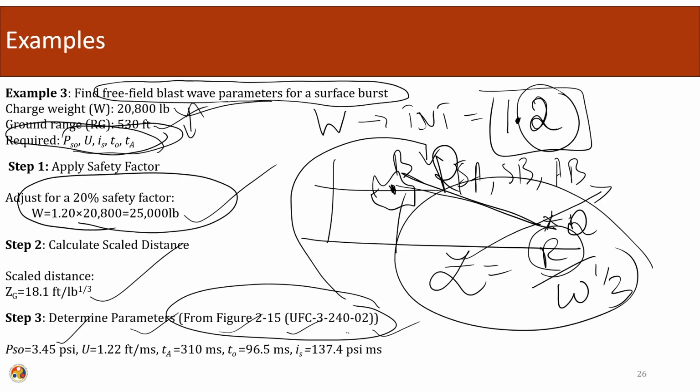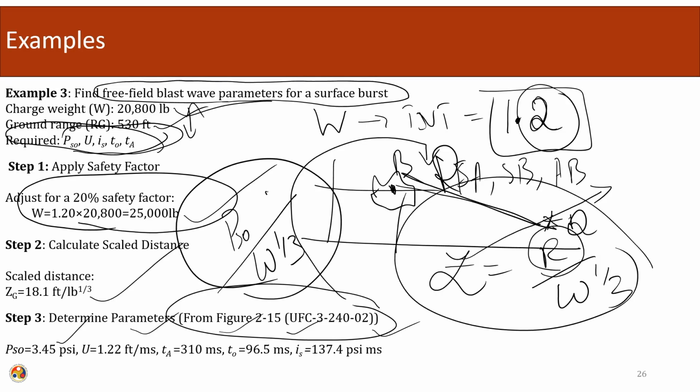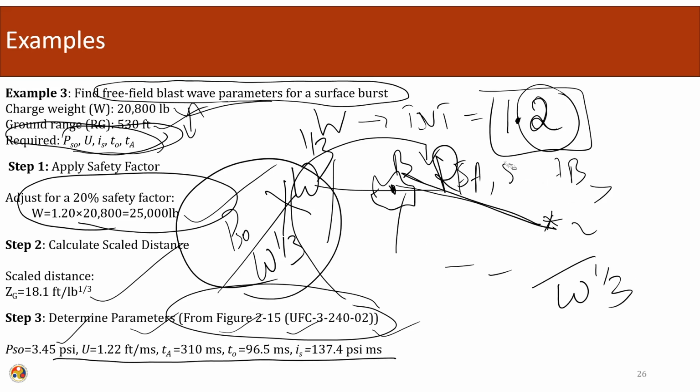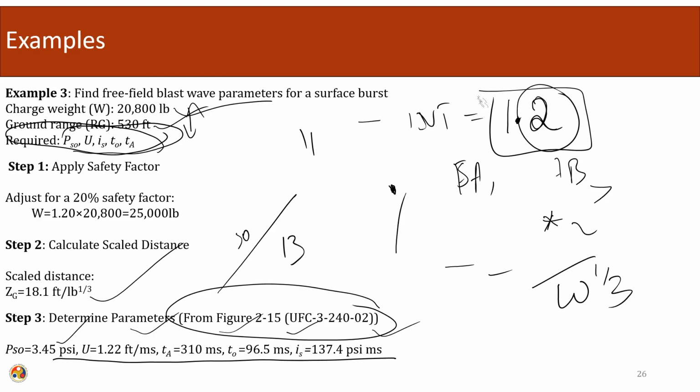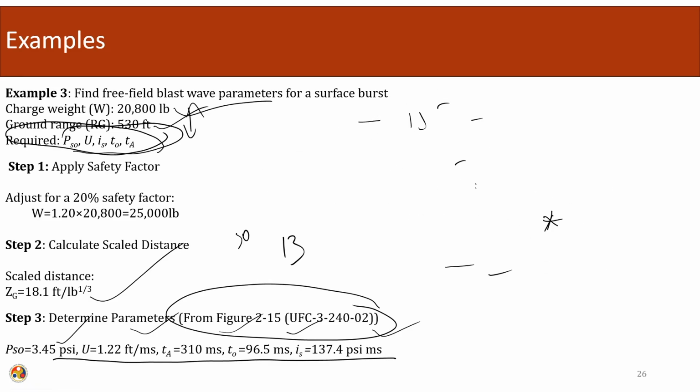Normally these parameters are given scaled in terms of Z. So, if you are reading from the chart, it will be given as a scaled quantity. Then we need to multiply with the equivalent weight, and then we can get the actual quantities in the range.